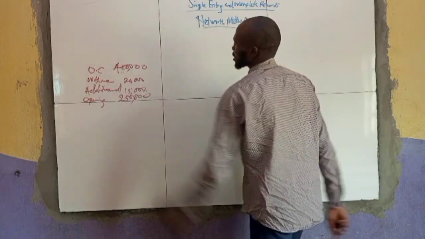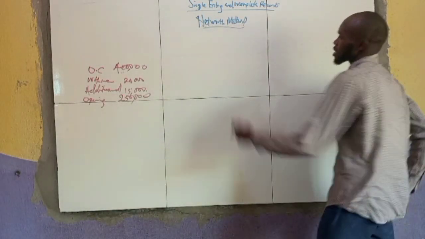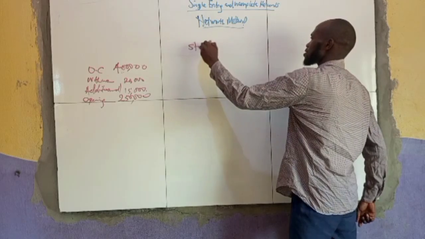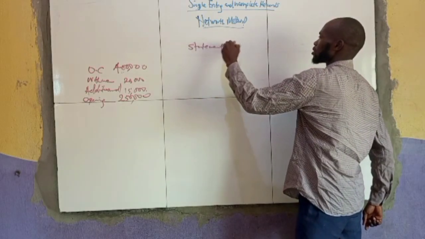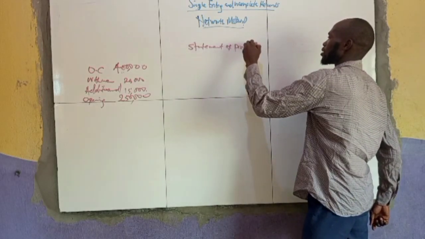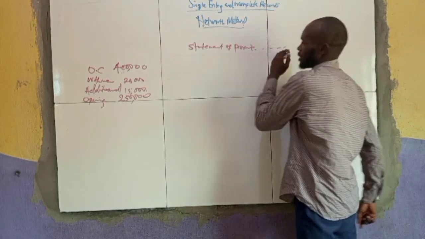We have to calculate the statement of profit. What do we do? We just have to make it statement of profit for the year and the likes.